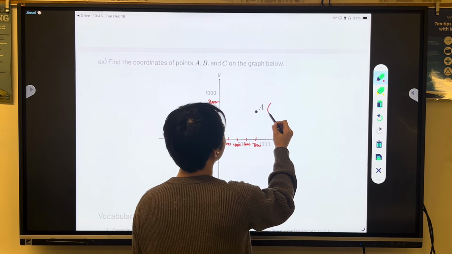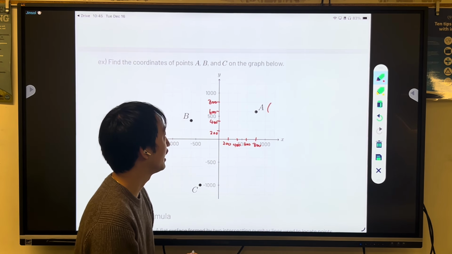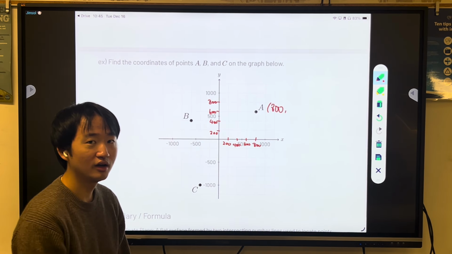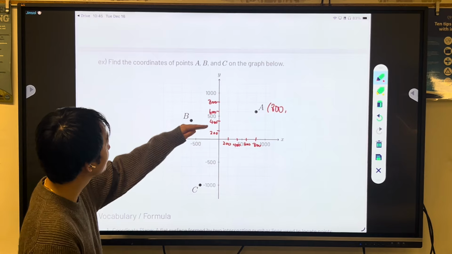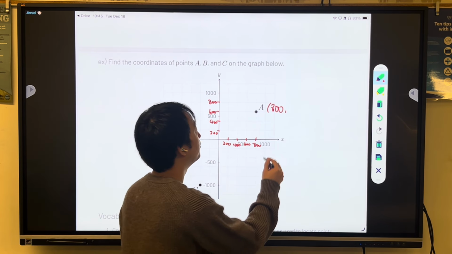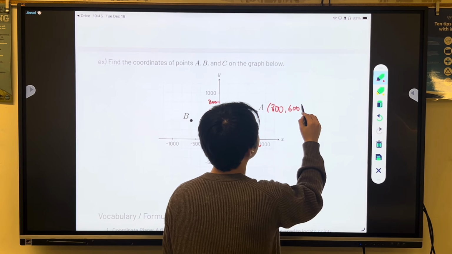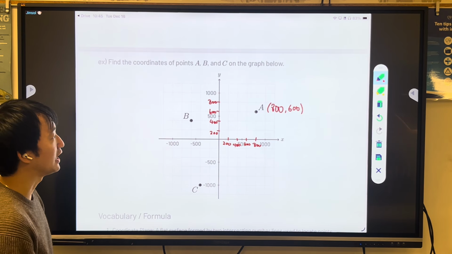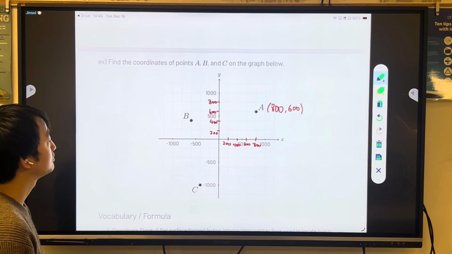So I think we can deduce that the x-coordinate is going to be 800. Comma, what about the y-coordinate? The y-coordinate goes up and down, and we have climbed 3 ticks above, so that's 600. So that's the ordered pair for A. The coordinate is 800, 600.